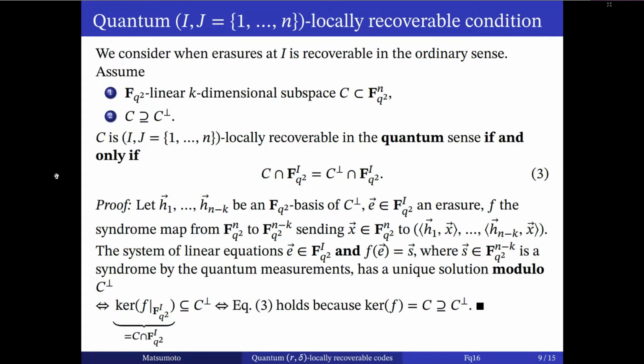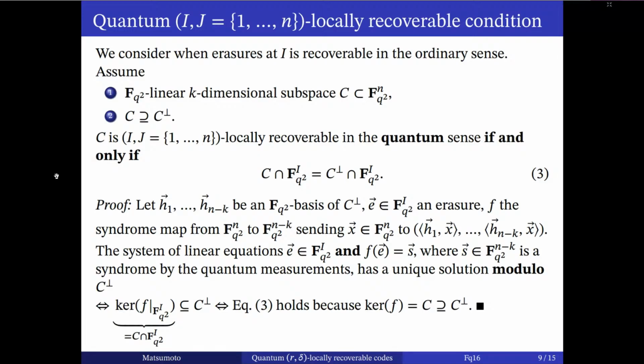And the proof is almost the same as the classical case. Consider vectors of C perp, H1 to H_{n-k}. And E is the error vector. And F is the syndrome mapping defined by Hermitian inner product. Then the task of the decoder is to solve a system of linear equations. Okay, that is almost the same as the classical case.